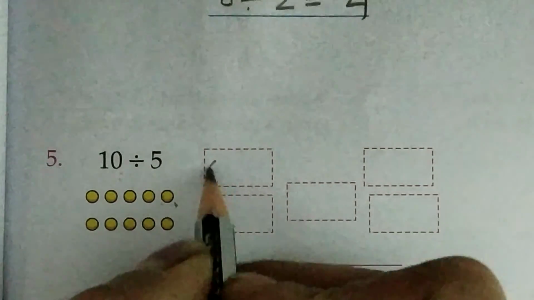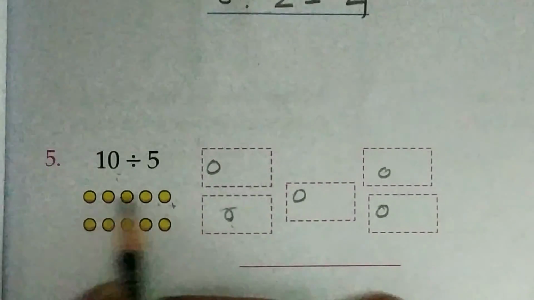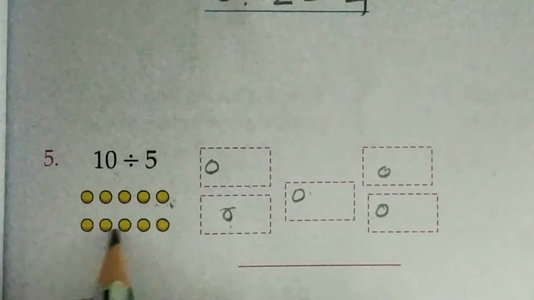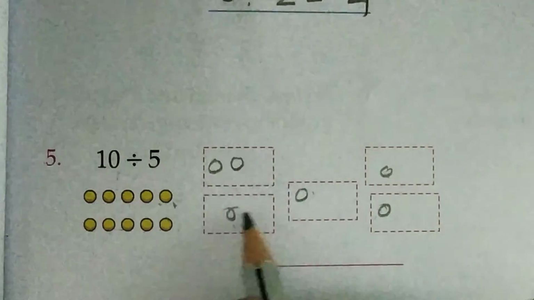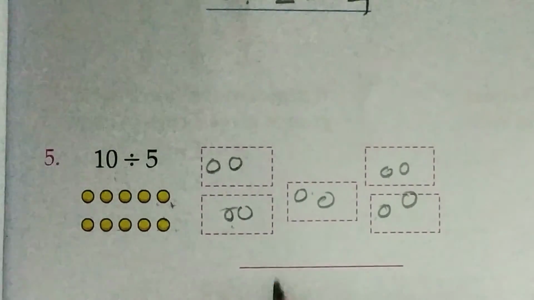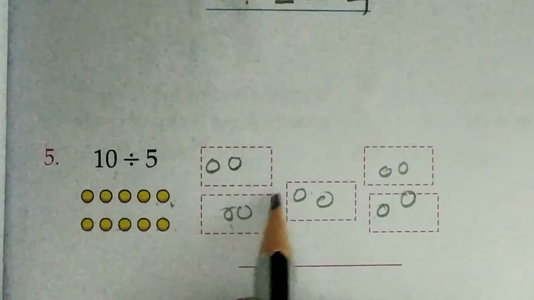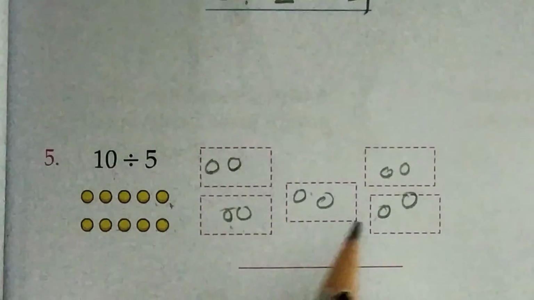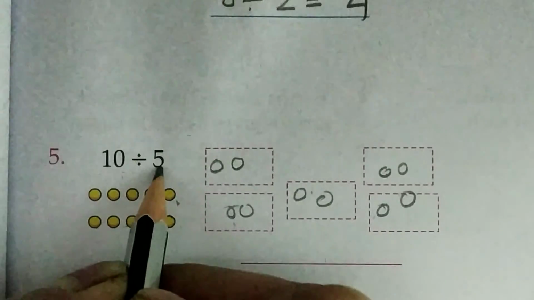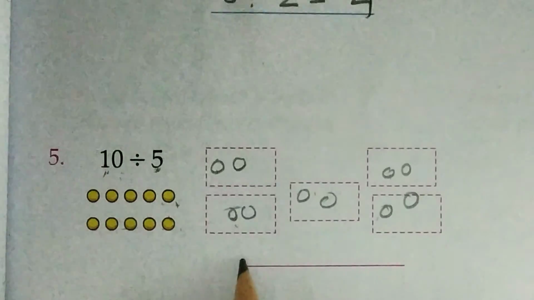So 1 1 1 1 1. 1 2 3 4 5, 5 balls. Finish. Then again we have 5. 1 1 1 1 1. Okay. So students, how many balls do we have to put in each block? 2. Then how many times do we read the table of 5 to get 10? 2 times.